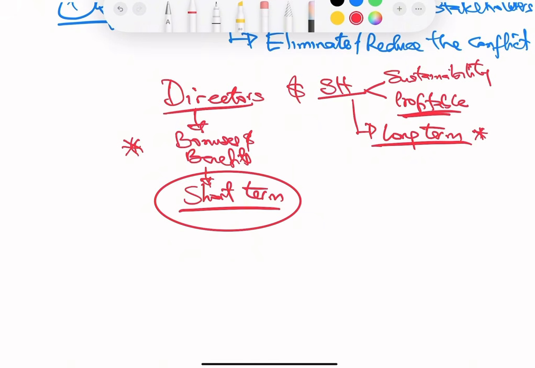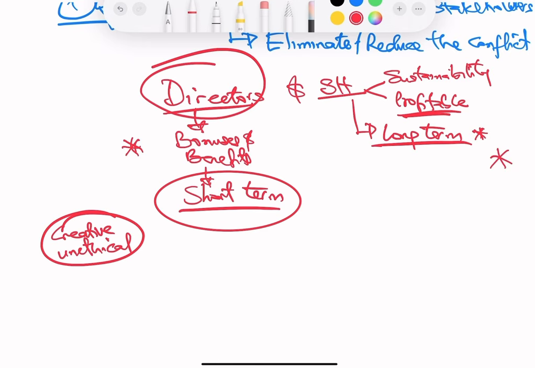Take, for instance, if they have to be creative in an unethical manner just to get profit, they will do it. But if they are caught and the company starts paying fines, or even if the company loses its reputation and good brand, the shareholders will suffer, but directors will move on to another company.